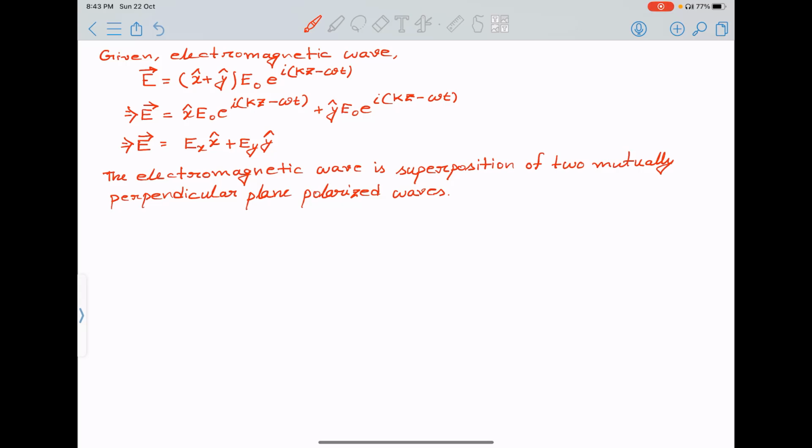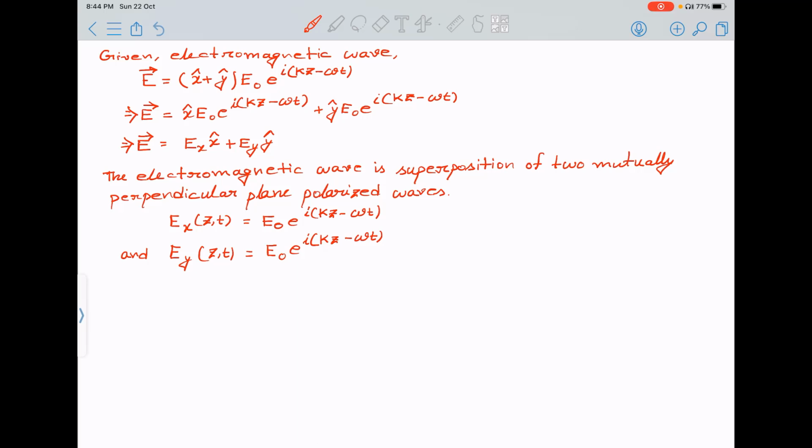The components of both polarized waves are Ex, which is a function of z and t, equals E naught e power i(kz minus omega t), and Ey of z and t also equals E naught exponential i(kz minus omega t).